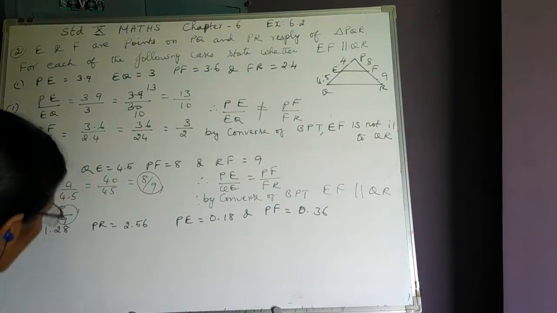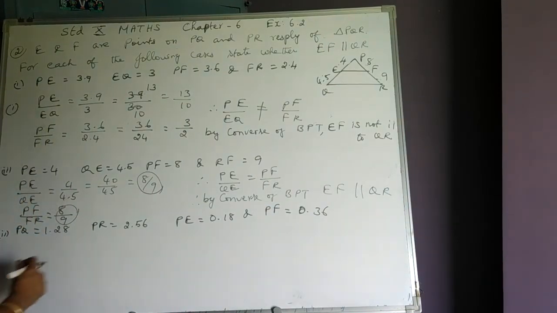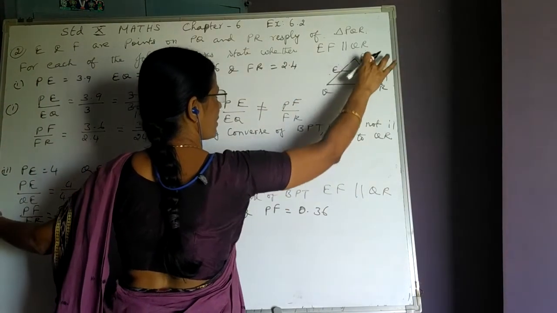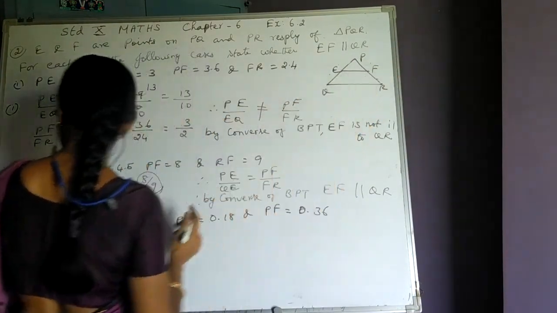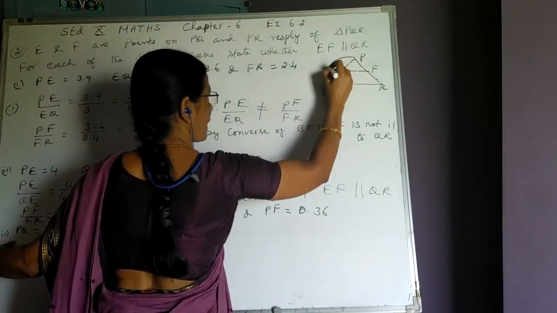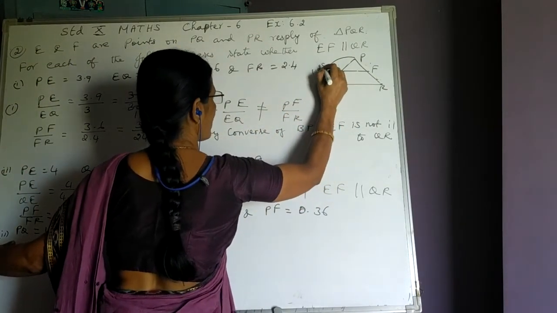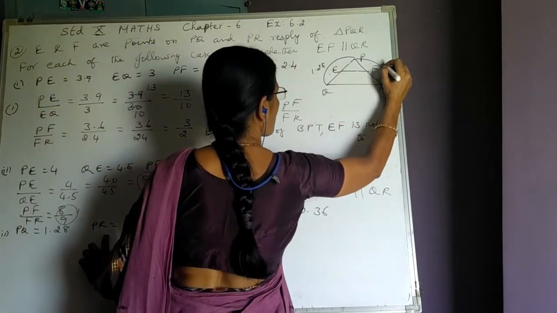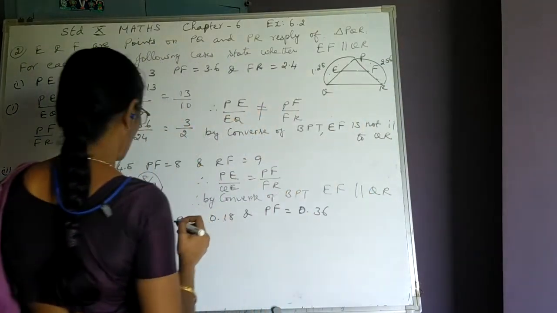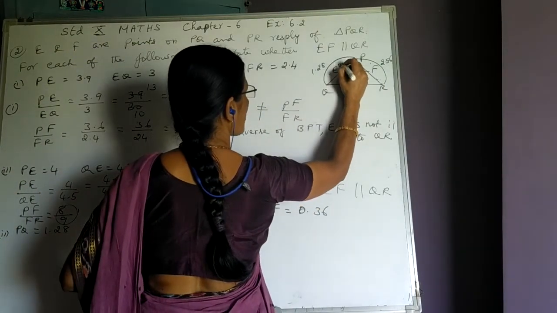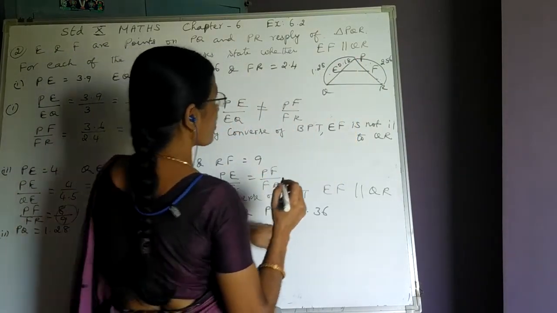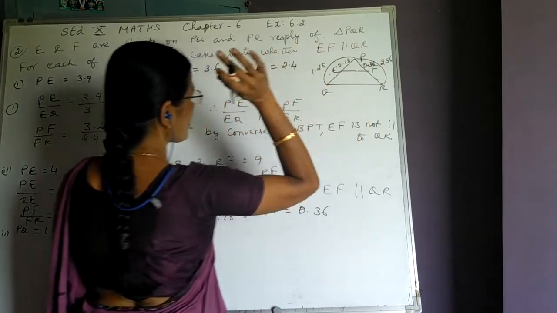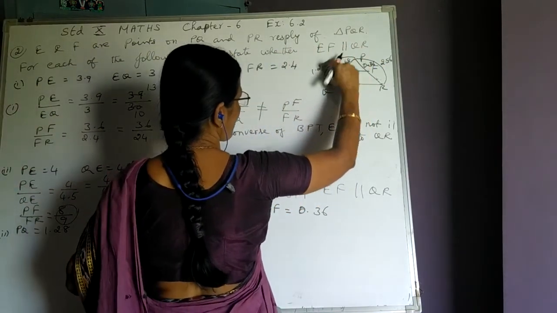In the third subdivision, again I change the numbers. PQ is 1.28, the entire side. PR is 2.56. PE is 0.18. PF is 0.36. So here PE and PQ are given.